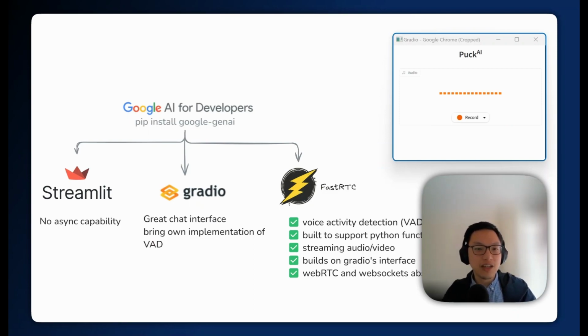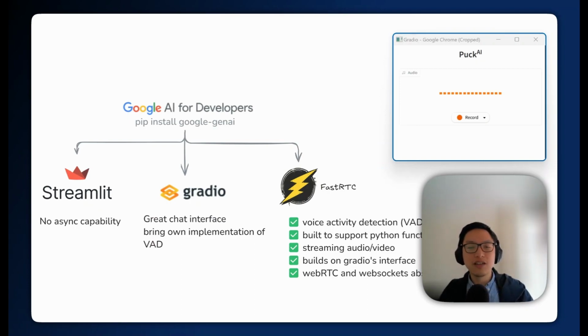Only issue is I had problems running async functions with it. I don't think there's really any built-in async capability with Streamlit, so I had to drop the approach really quickly. But if you're building stuff like web visualization or chat interfaces, Streamlit's really, really quick. You can get it done in a couple of lines of code.